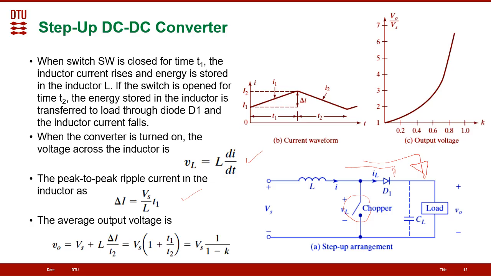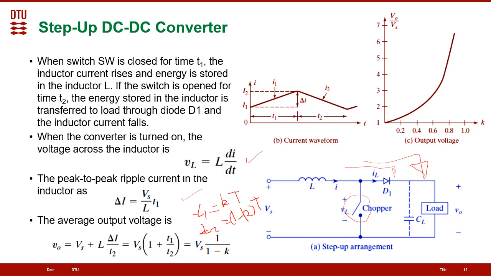If we substitute for dI here, then we can get this relation. As we know, T1 will equal KT, and T2 will equal (1 minus K)T.